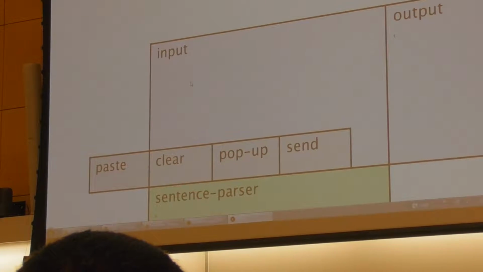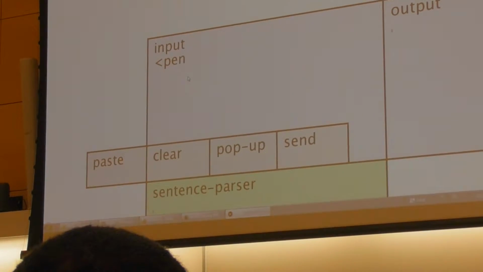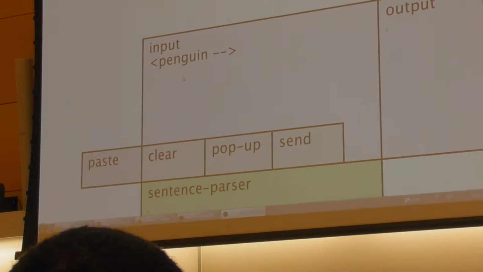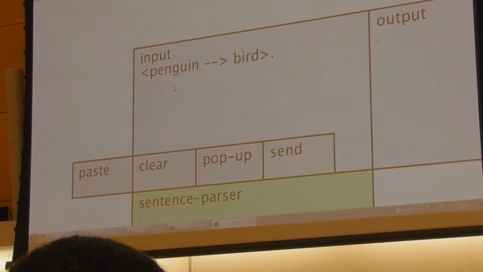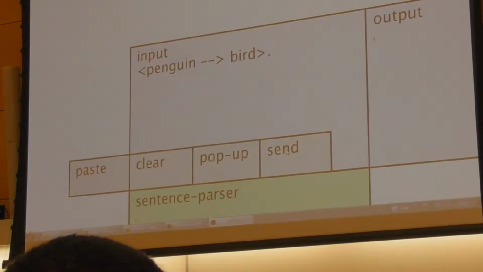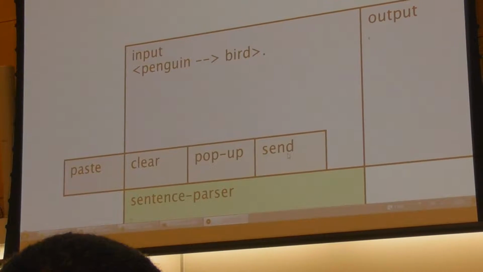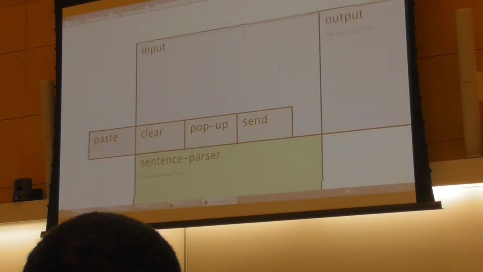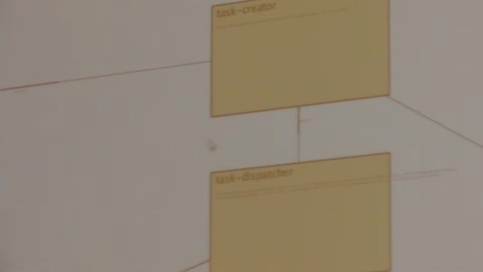And so let's give an example for this. Let's say: penguin is a bird. We send this to the reasoner, and we see what happened. At first it went to the sentence parser. The sentence parser sent it to the task creator, which created a task for it.